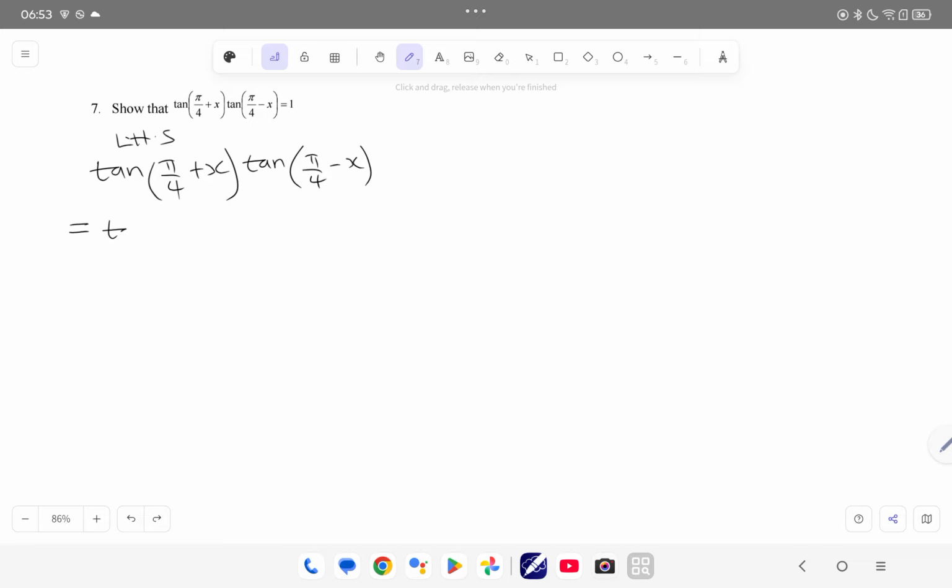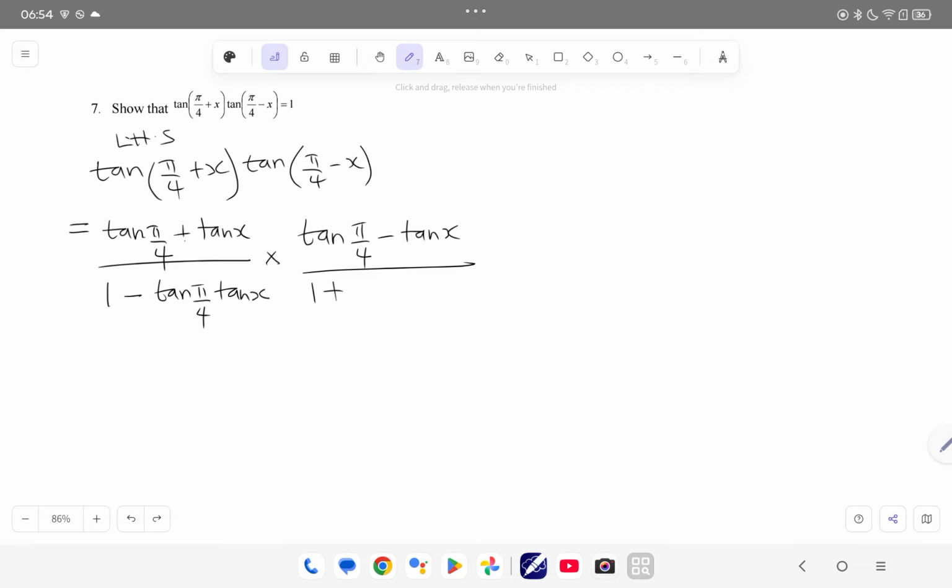This one becomes tan pi over 4 plus tan x over 1 minus tan pi over 4 tan x. I'm trying to use our identities for addition formulae for tan. Then for this one it will be tan pi over 4 minus tan x over 1 plus tan x tan pi over 4.